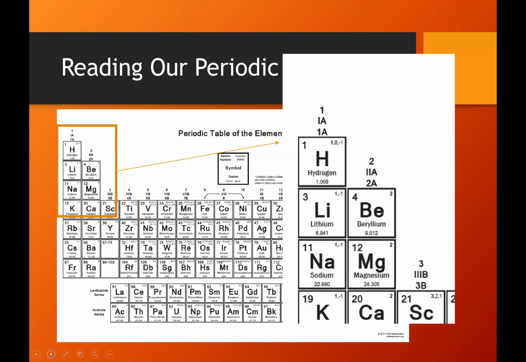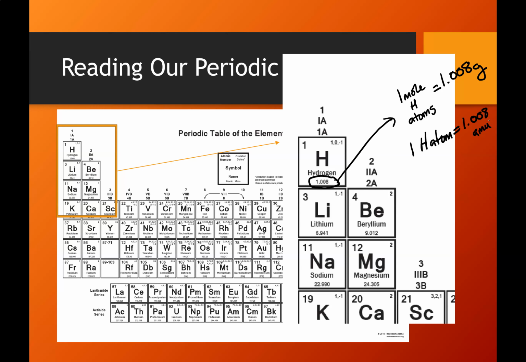So just giving you an idea here, if we look at the mass of something in the periodic table, remember we're looking at that bottom number, what this is saying is that 1 mole of H atoms will equal 1.008 grams. We can also say that 1 H atom weighs 1.008 AMU.